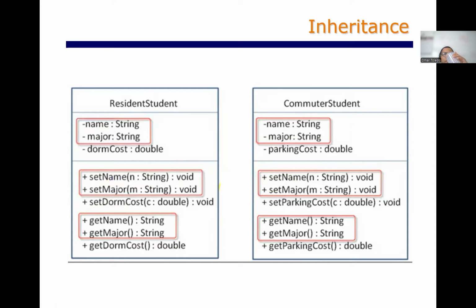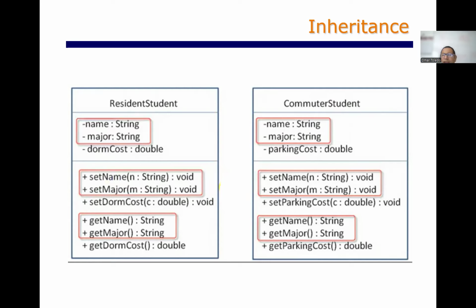Take a look at that. Do you see what is in common now? Both have name and major. Both have set name and set major, the setters. Both have get name and get major, accessor getters.